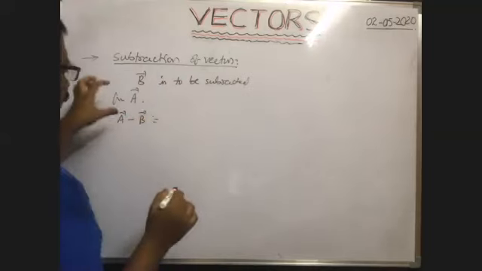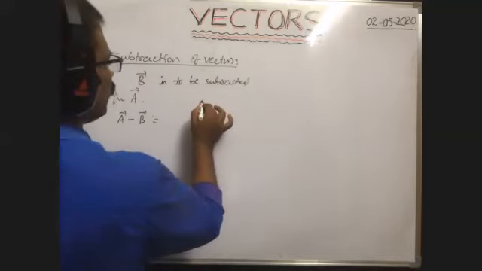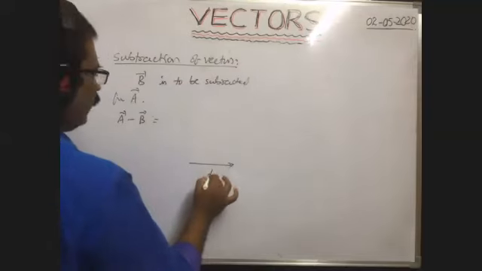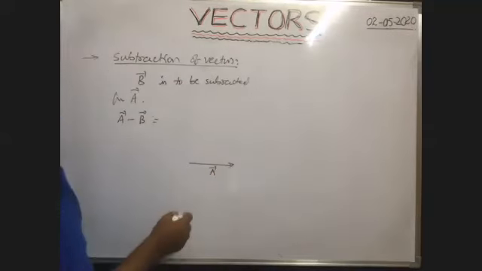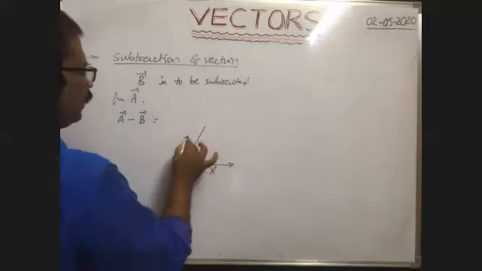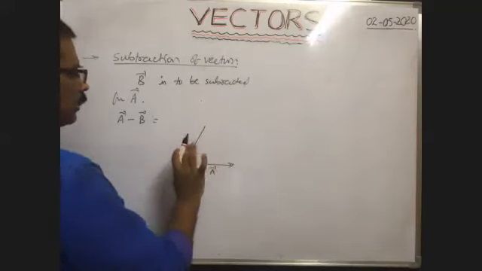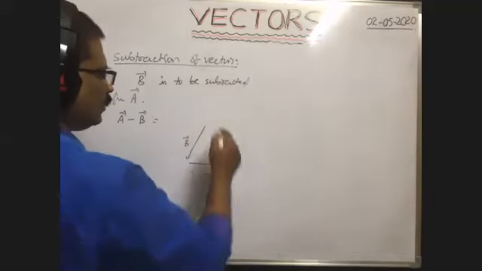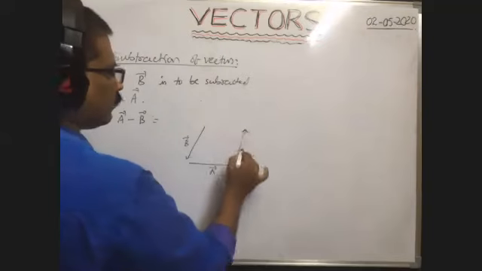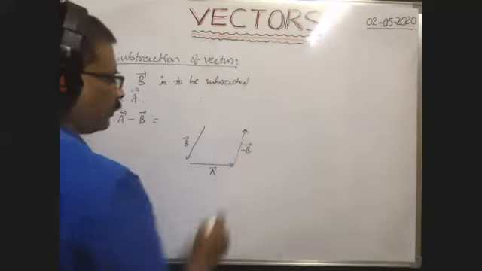Here it is A bar, and here it is B bar. Now we have to subtract B bar from A bar, so you reverse this direction. When you reverse the direction and keep the same magnitude, it becomes minus B bar.